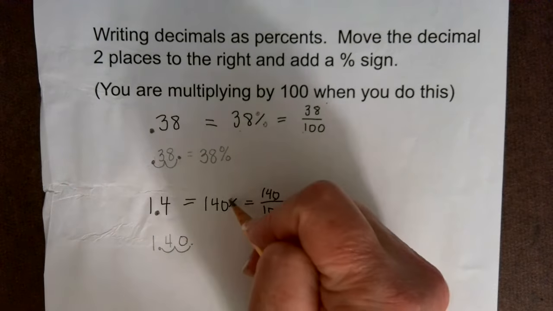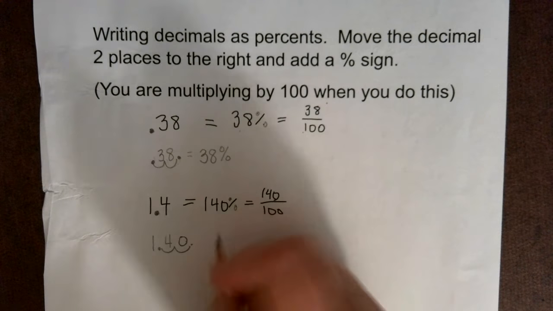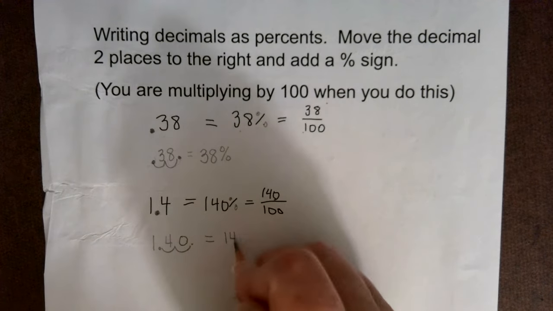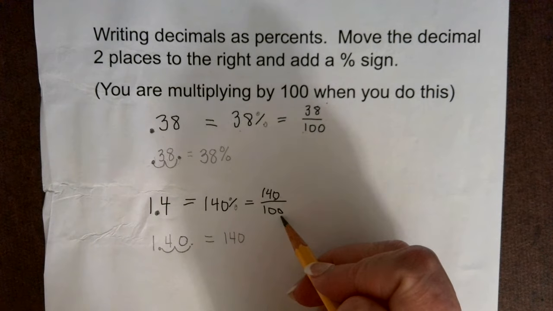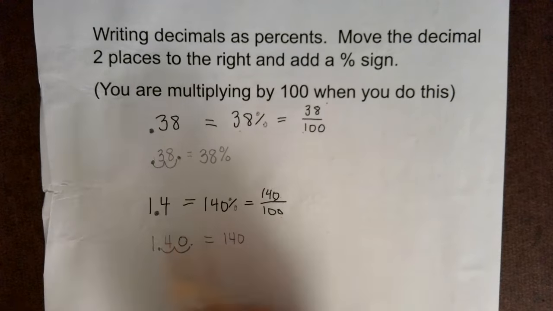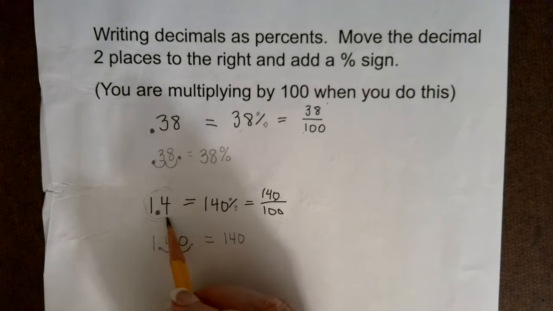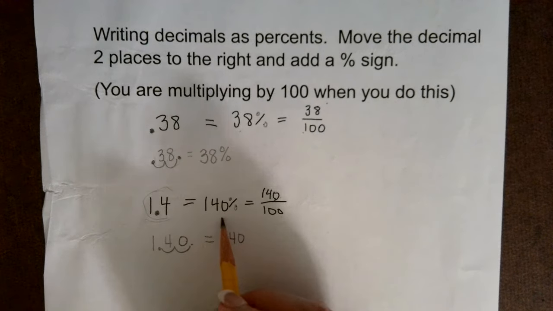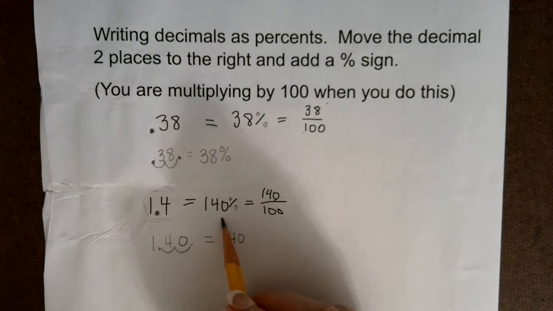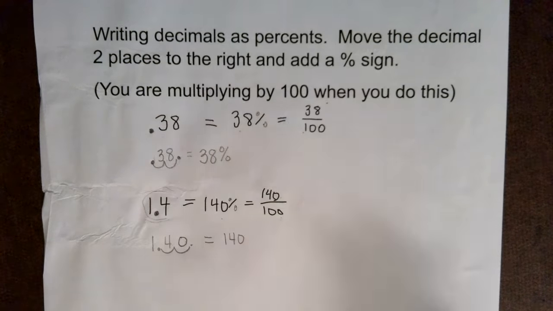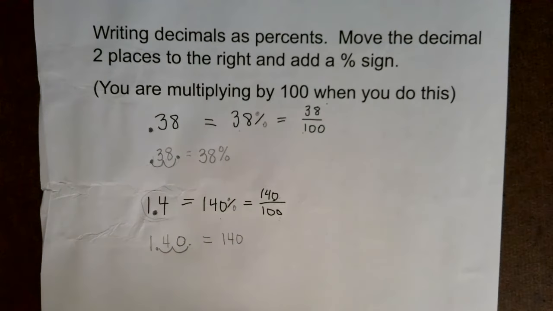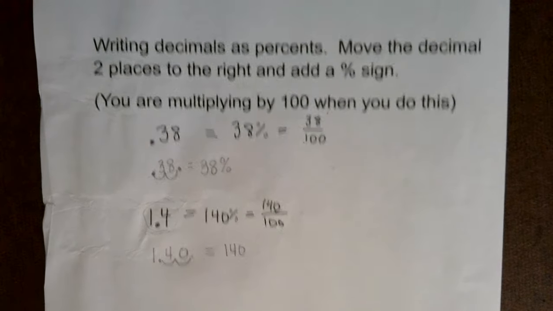And then we've got 140%, and that means 140 over 100. So when you have the decimal 1 4/10, that's going to equal 140%, and that's 140 over 100. So that should all kind of be review from last year.